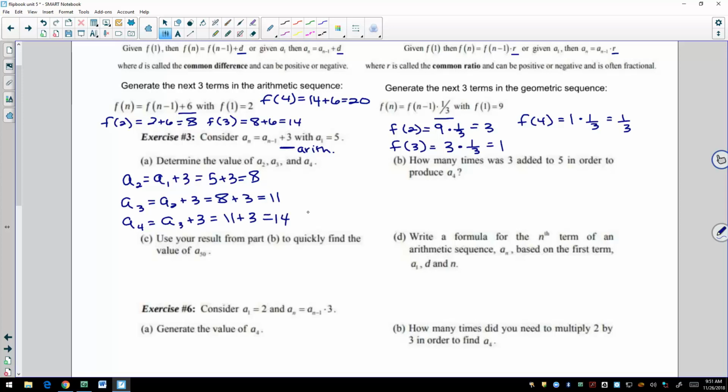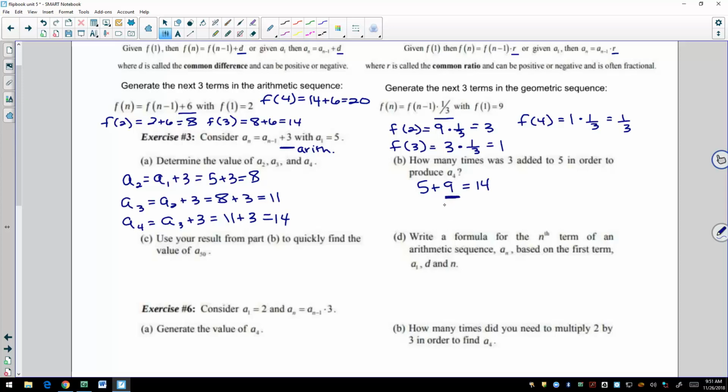Now it asks you, this walks you through coming up with your equation. It says, how many times was 3 added to 5, which was our first output, in order to produce a sub 4? Well, 5 plus what is 14? 5 plus 9 is 14. So how many times was 3 added?